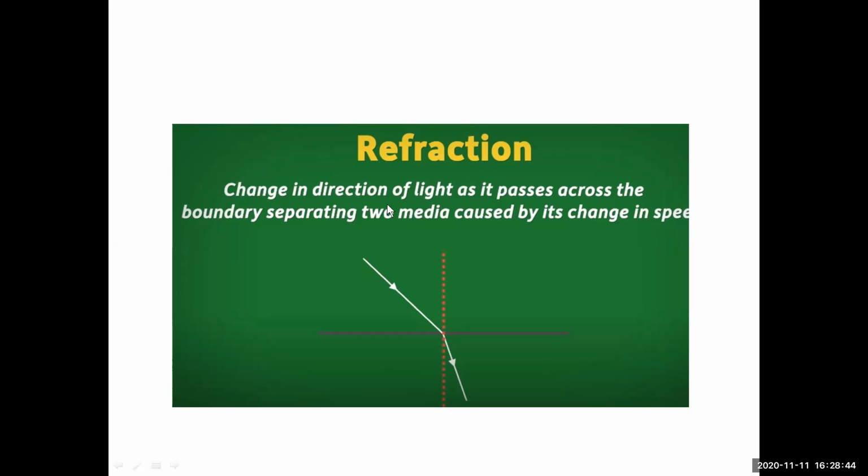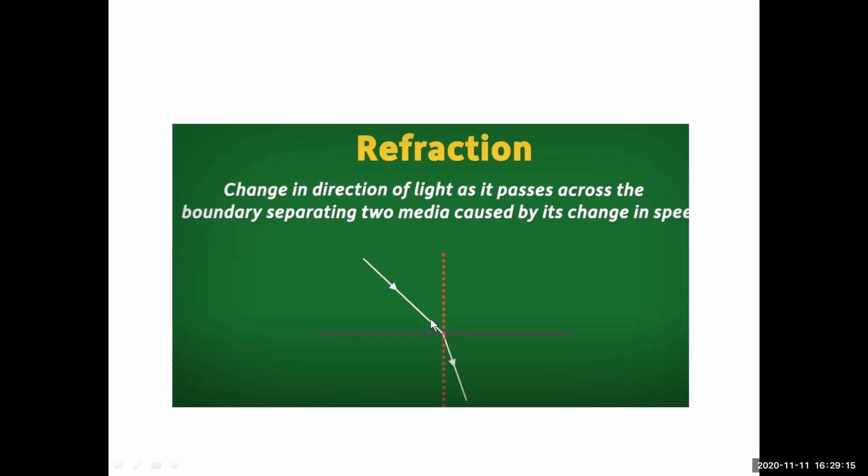Now, if there is a change in the direction of the light as it passes across the boundary separating two media caused by its change in speed, that itself is called refraction. The bending of the light is called refraction. Now, the red dotted line is the normal line, drawn on the boundary which is separating the two media.